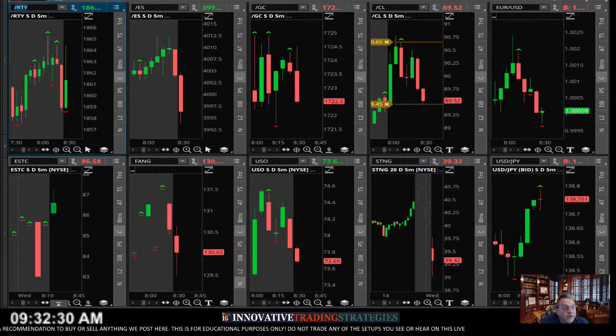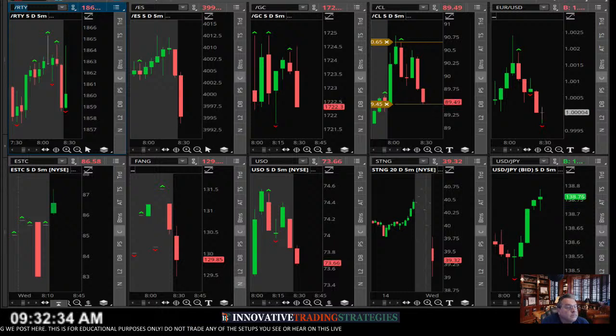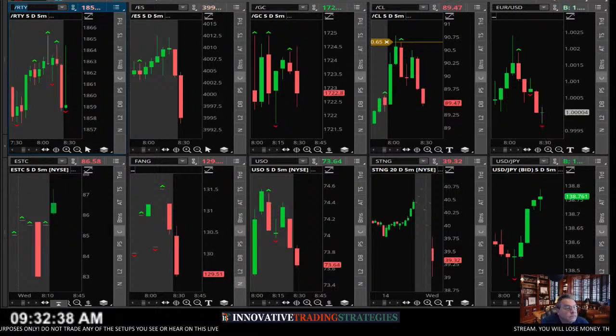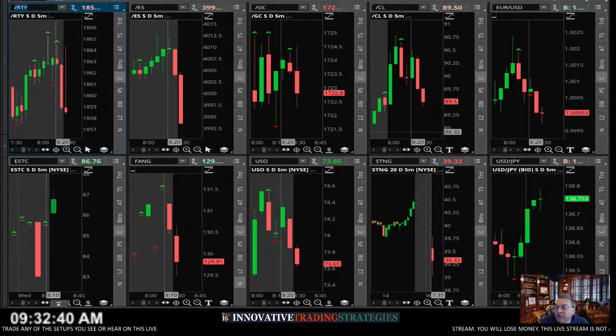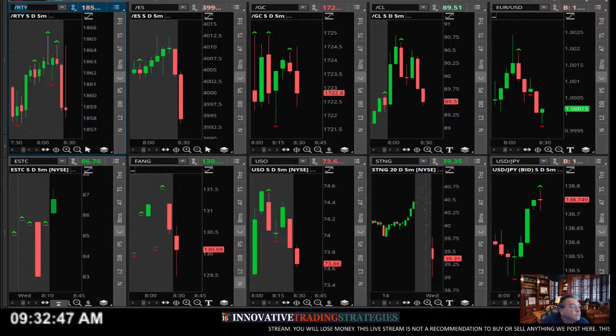Crude oil getting ready to hit target. Profit target hit. All right, we just hit profit target on crude. Out of crude, flat right now. Dow's down 62.